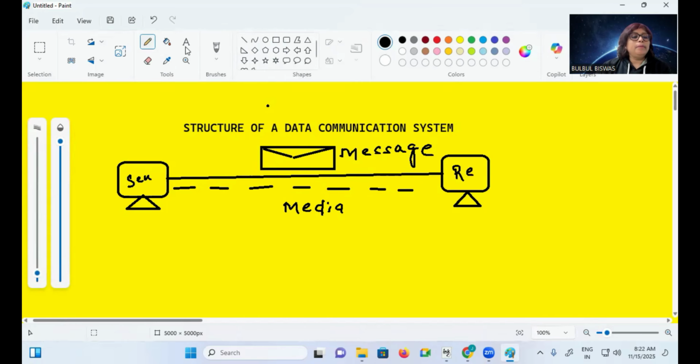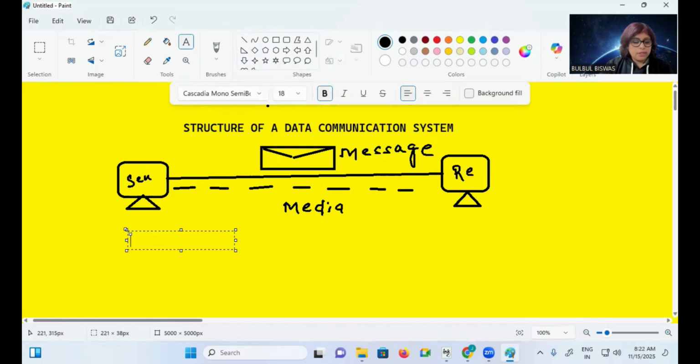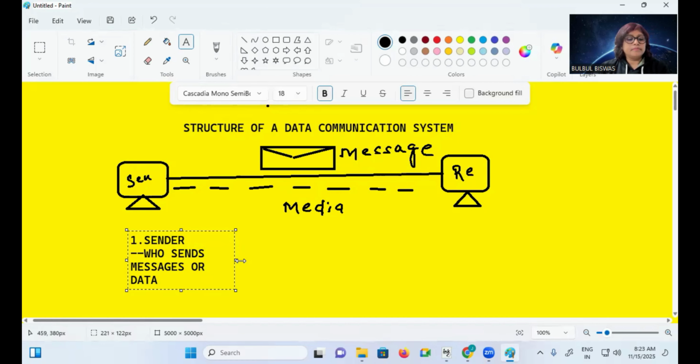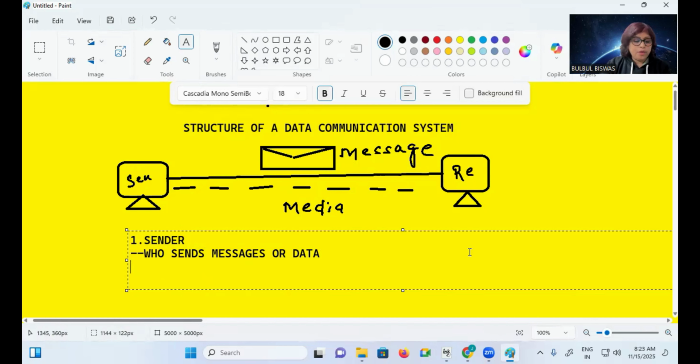So what are the minimum things we have observed over there? The first thing is the sender. Who is the sender? Who sends messages or data. Now the question, who is the receiver? Who receives the message.